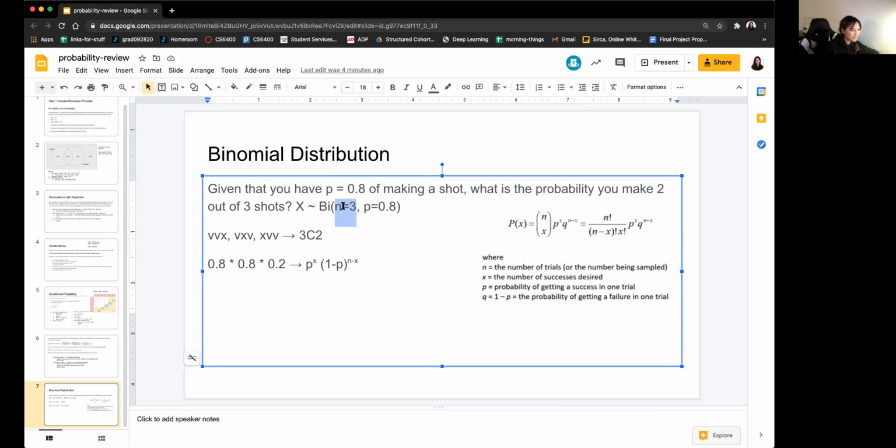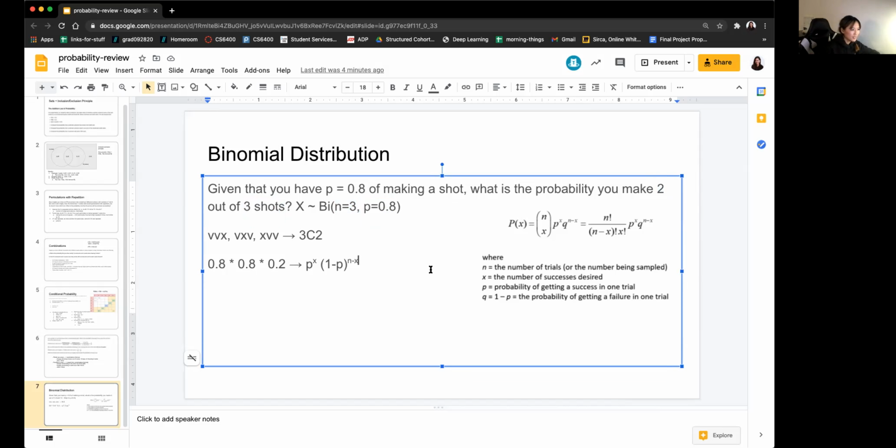Basically, the 2 parts of a binomial distribution are the number of times that you're doing a trial, and in this case 1 trial is 1 shot, and you know here that you're going to make 3 shots and you want to find out the probability of making 2 out of 3 shots. And then the other component of a binomial distribution is the probability of success in 1 shot.